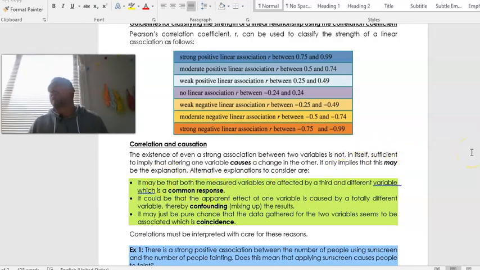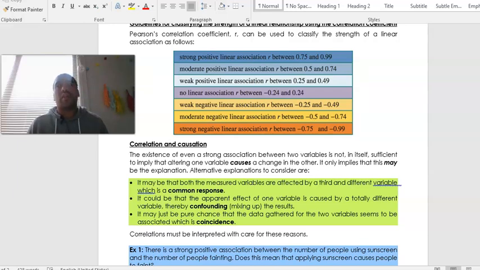So say for instance, and you'll see this in the example, say there was a strong positive association between the amount of mittens that were bought from Kathmandu and the amount of people that were admitted to the hospital for getting frostbite.